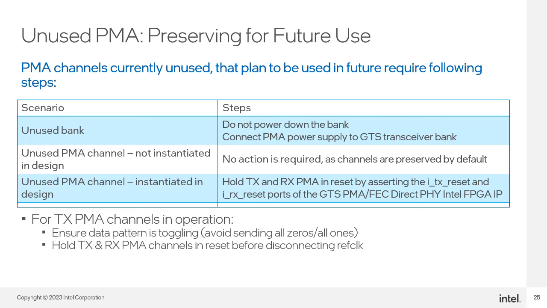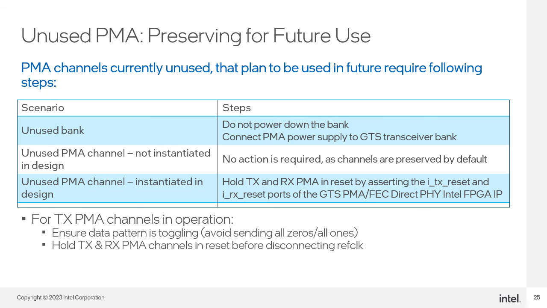In the third scenario, if you have unused PMA channels that are instantiated in your design and fully connected, then for future usage, you need to hold TX and RX PMA in reset by asserting the I_TX_reset and I_RX_reset ports of the GTS PMA, FEC, Direct PHY, Intel FPGA IP.